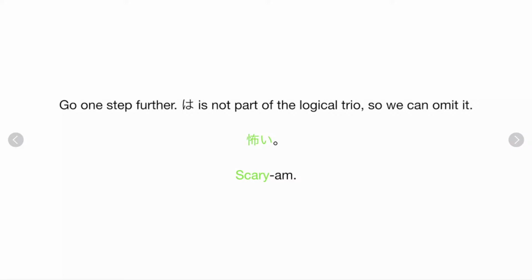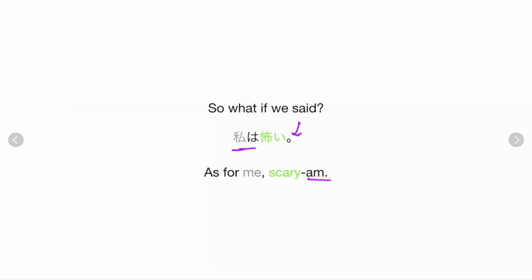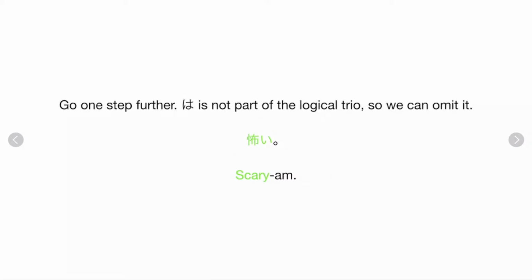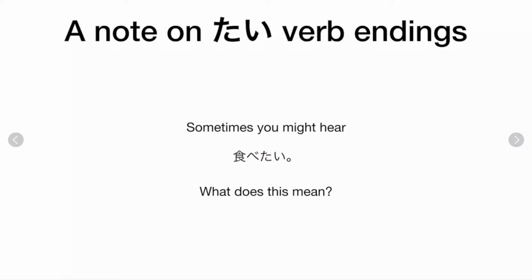All right. So rather than saying watashi wa kowai, because watashi wa is not part of the logical trio, you can drop it and you can just say kowai. And kowai is scary, but it's understood from context. You're saying, I feel afraid.